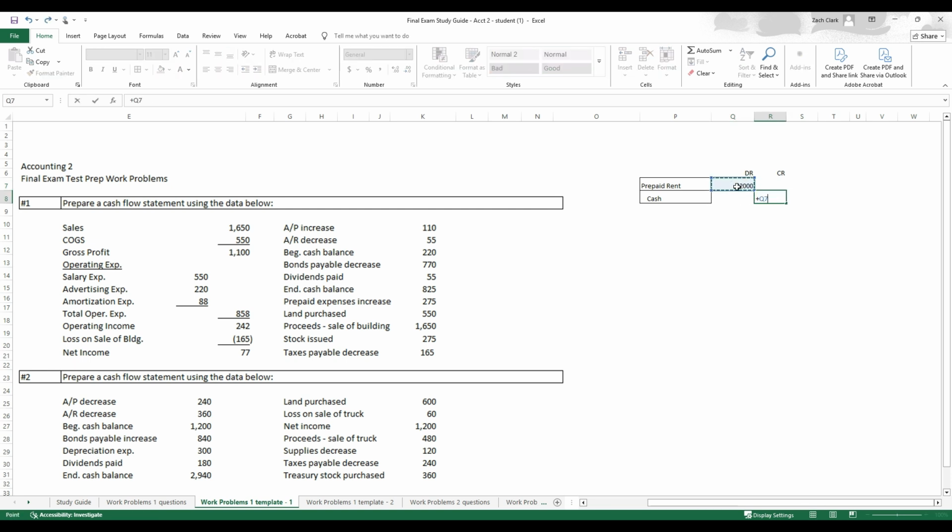And then this journal entry that we record at the outset of the initial payment of the rent contract for a year is going to be a cash outflow. But remember, that is not going to show up on our net income because we haven't yet amortized any of this rent yet to recognize the expense.